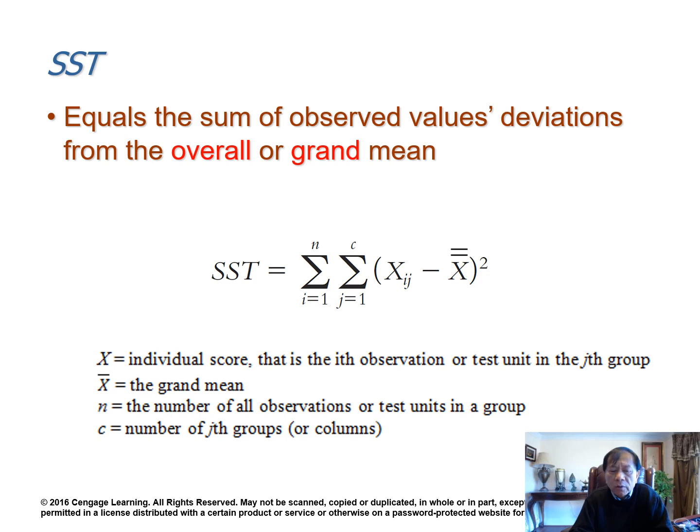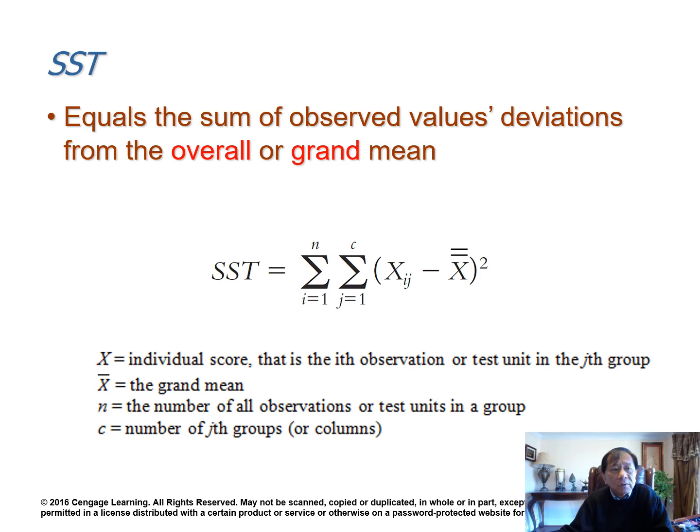This is how SST is calculated. SST equals the sum of the observed values' deviations from the overall grand mean, squared. Xij is the individual score, the ith observation or test unit in the jth group. X bar is the grand mean. N is the number of observations in a group.